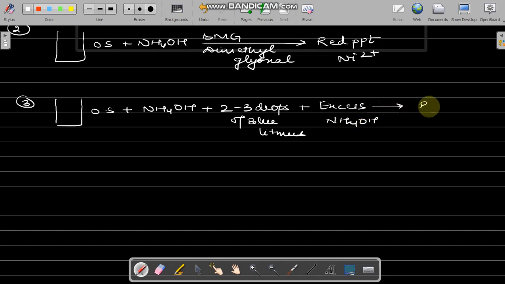So what is going to happen? A blue PPT comes. If it comes blue PPT and it becomes colorless afterwards, it shows the presence of Al3+.